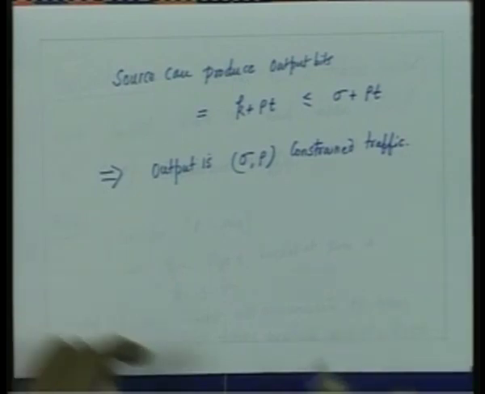So this proves our proposition that a linearly bounded arrival process of sigma plus rho t can be generated by a token bucket regulator with a bucket depth of sigma and token generation rate of rho.